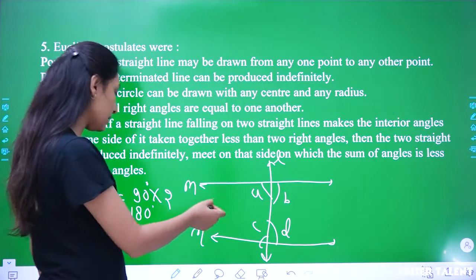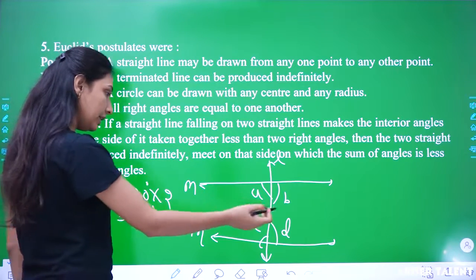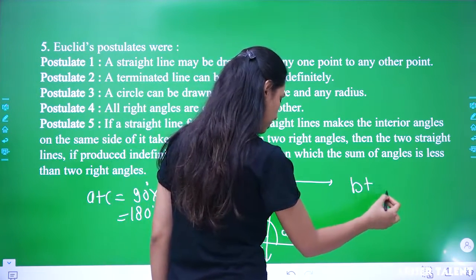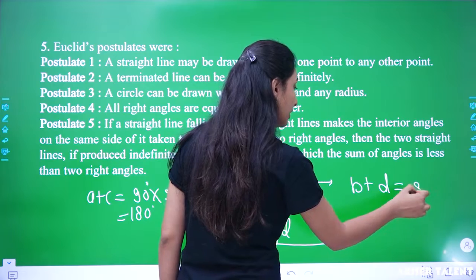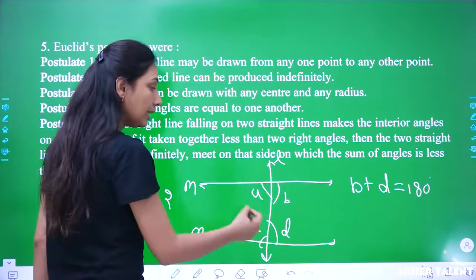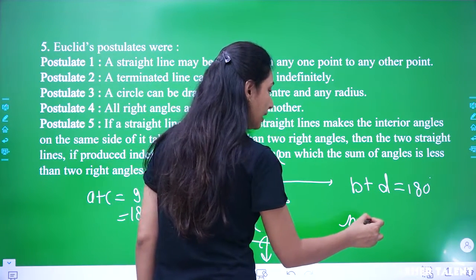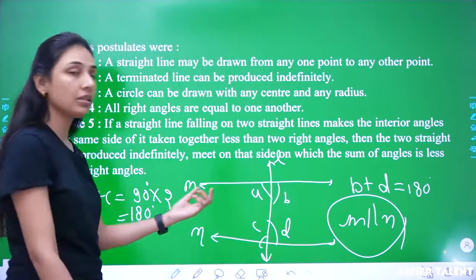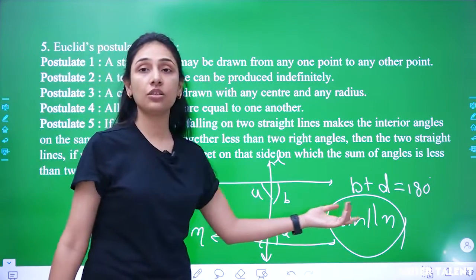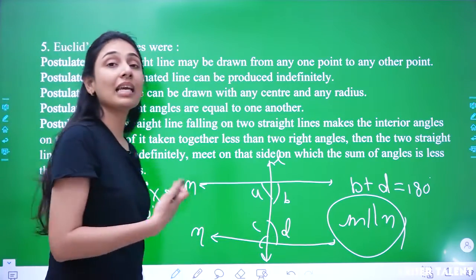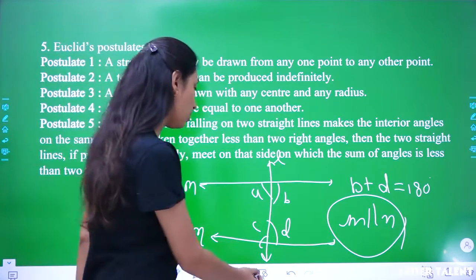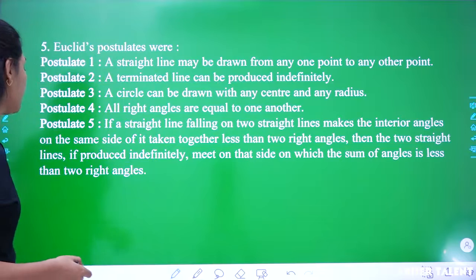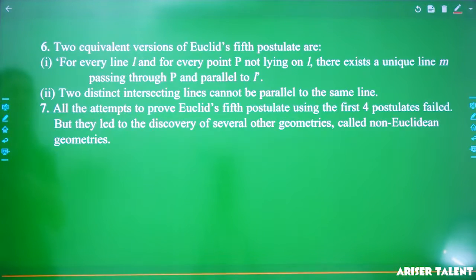B plus D is also going to be 180 degrees. In this condition, these two lines M and N are parallel to each other. They are not going to meet each other on that side. So these can be the converses of postulate number 5. Is that clear to you for now?